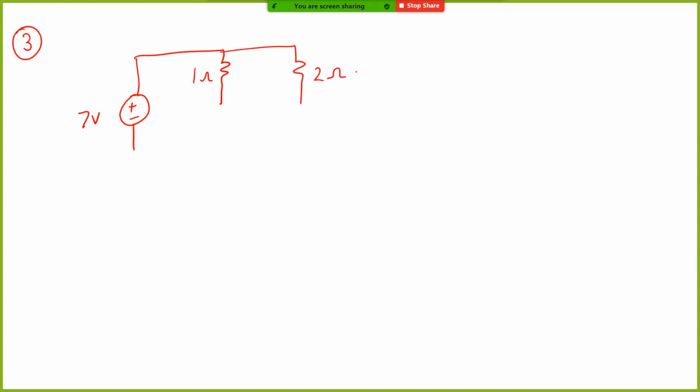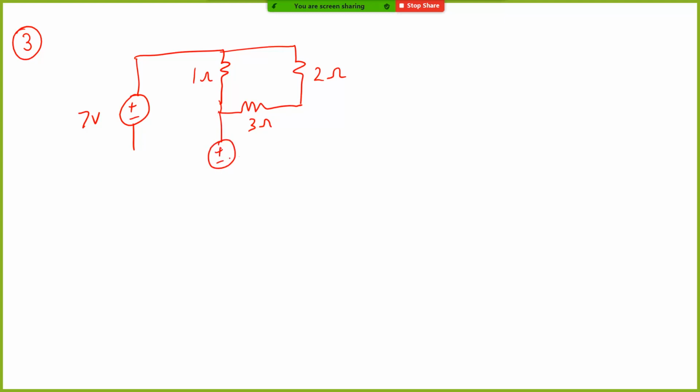So let's do this one. This is 7 volt, and you have 1 ohm. Then you have 2 ohms, 3 ohm.